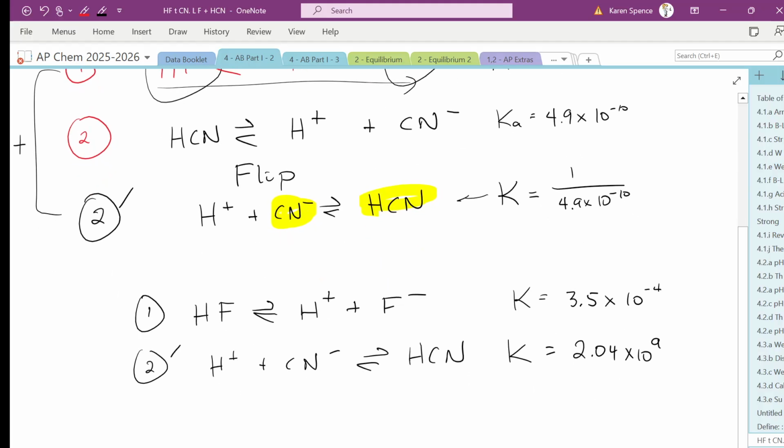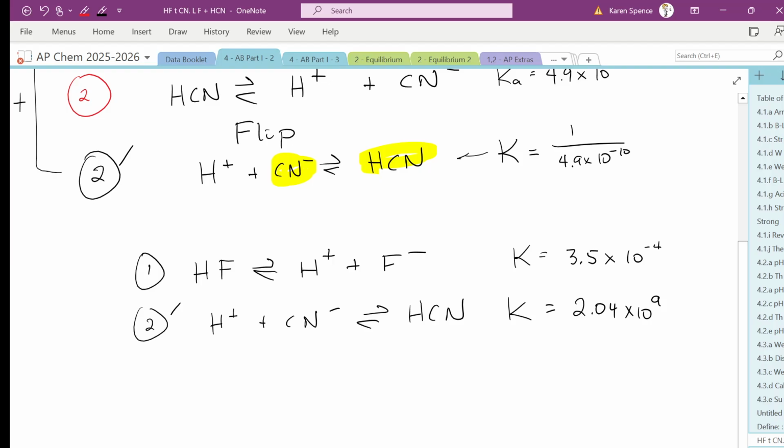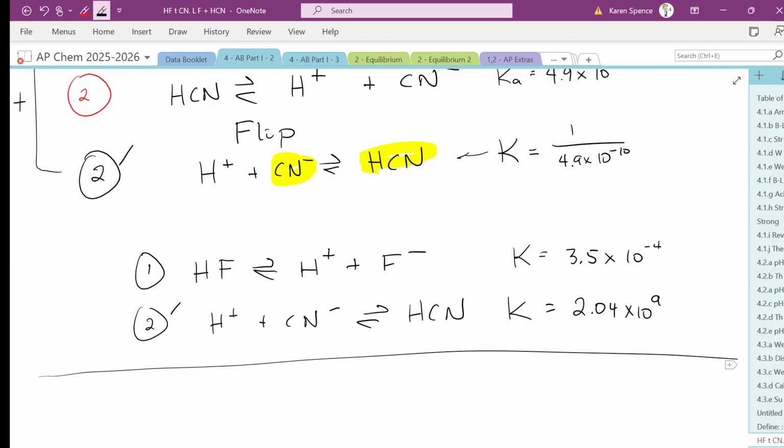Now if we add these two reactions up, do we add the Ks when we add reactions? That's the question. Chat with your neighbor about that.